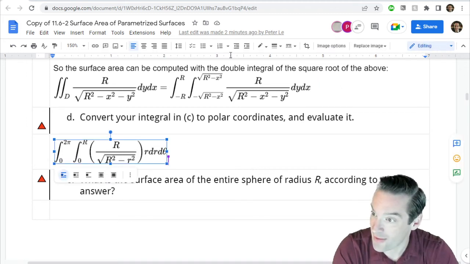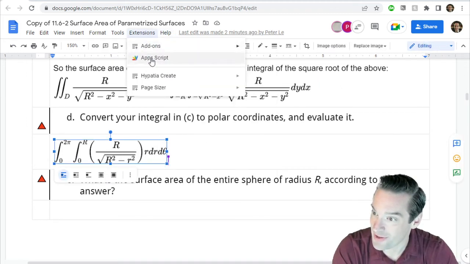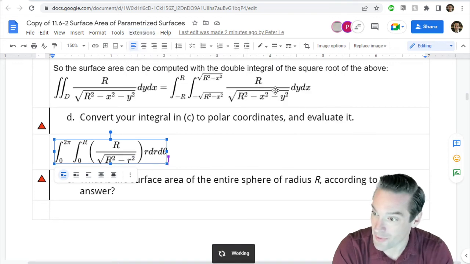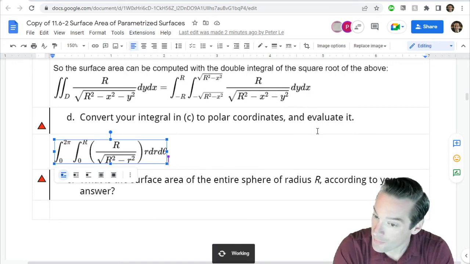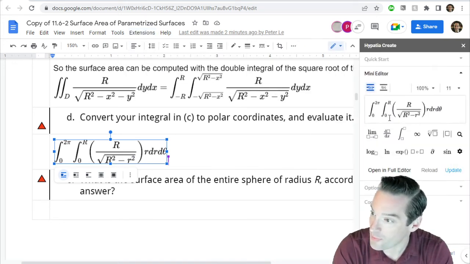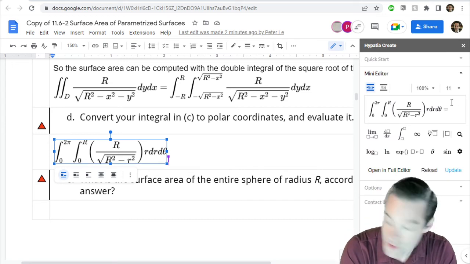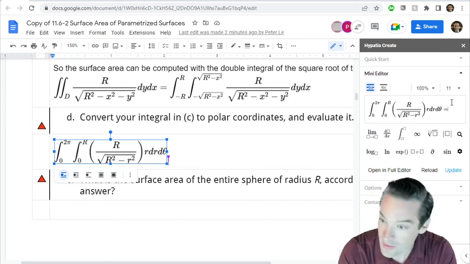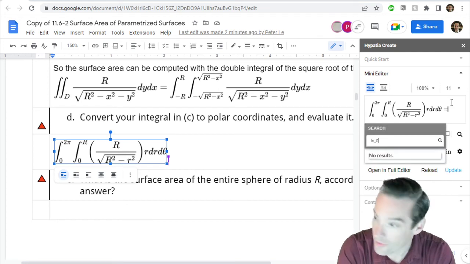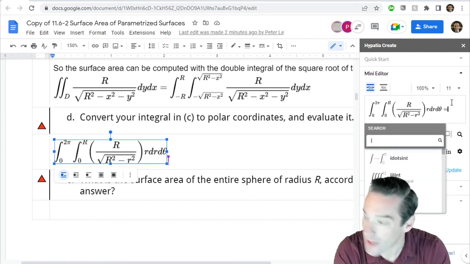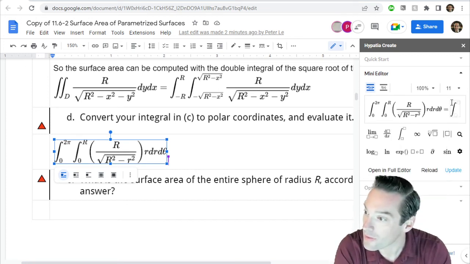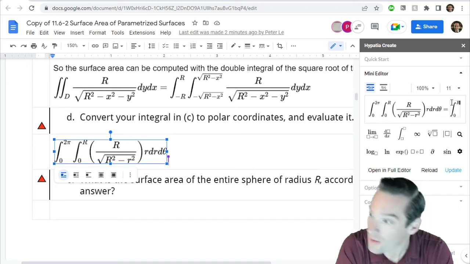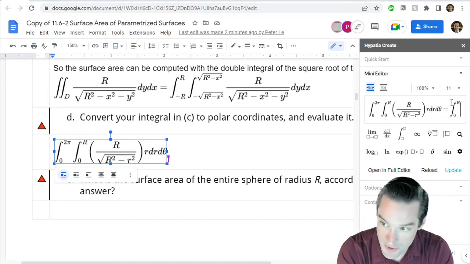I'm just going to put that observation in here to save us a little bit of time when we go to evaluate it. But then something else happens in this process. There's another virtue of what has happened here. We're going to have the integral from 0 to capital R of the function of r, which is on the inside.